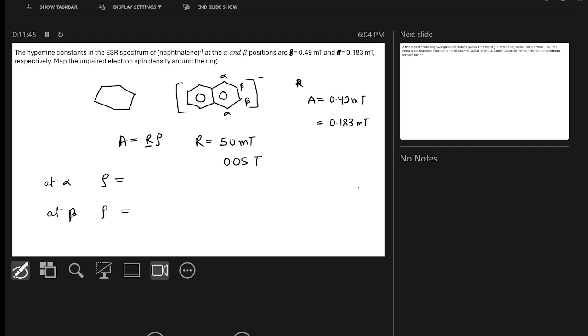Rho equals A by R, that is 4.49 millitesla by 50 millitesla. So this will be cancelled and your electron density will be unitless. You will get something like 0.22.